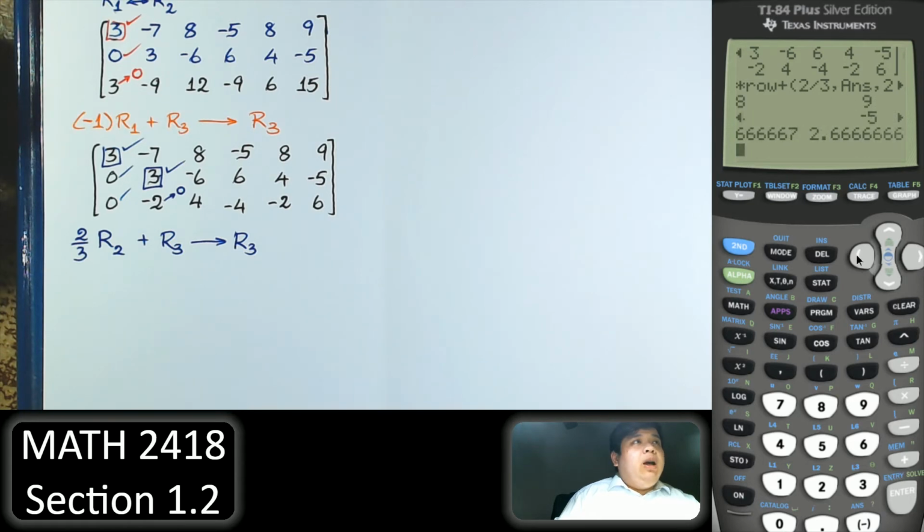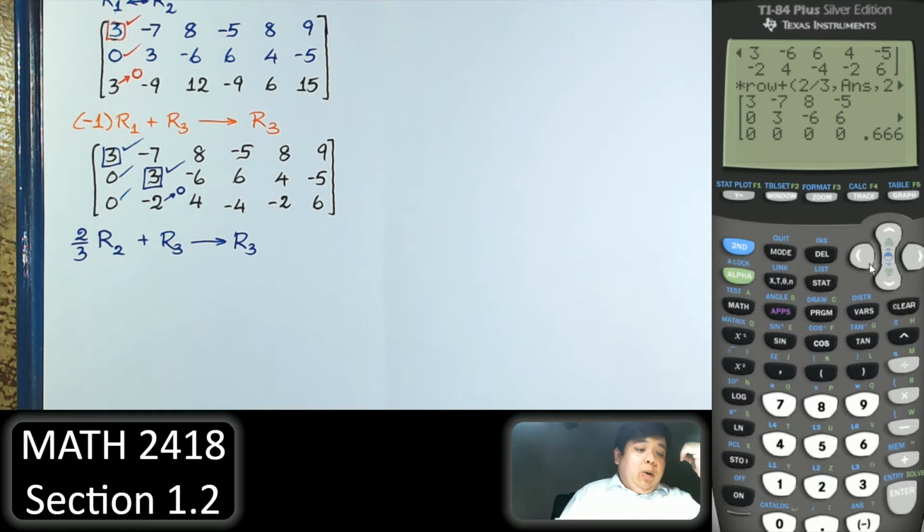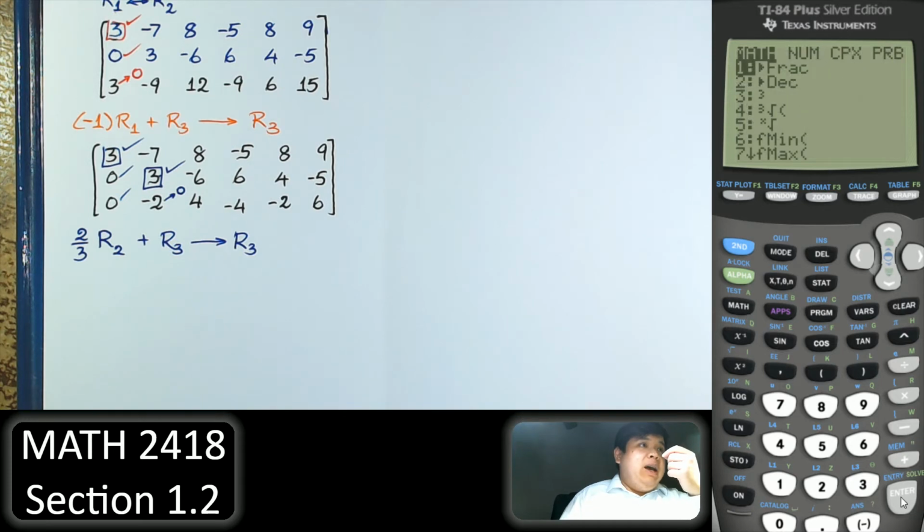One more thing though. When we do this, we only multiply and divide, so the answer can be written as a fraction. If you have a decimal like that, hit math. Now we have a fraction.